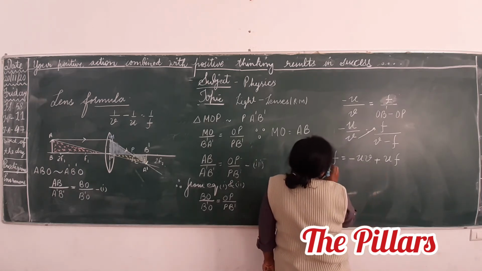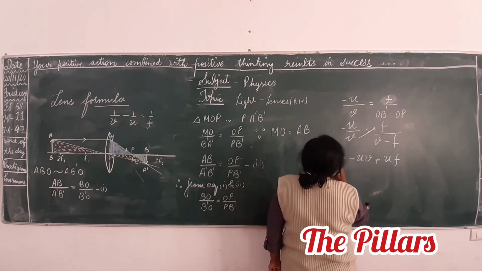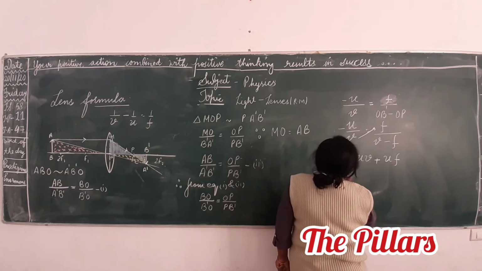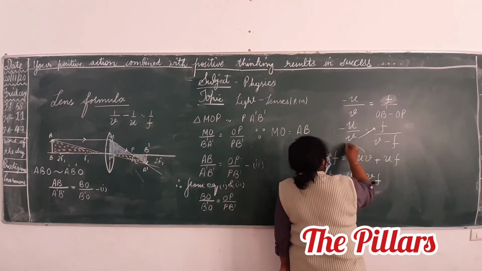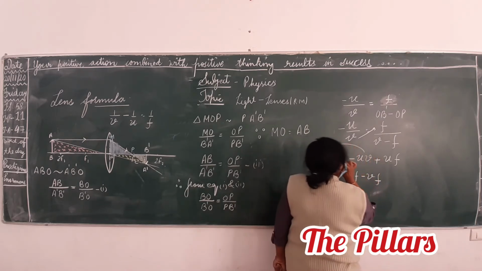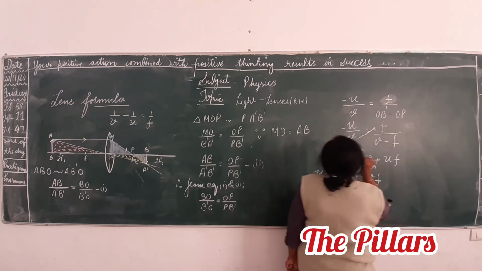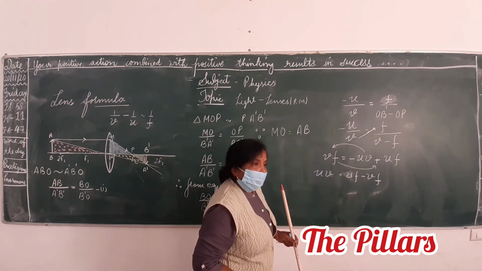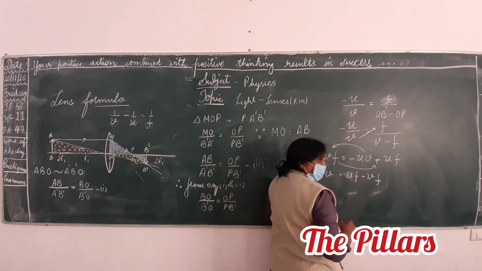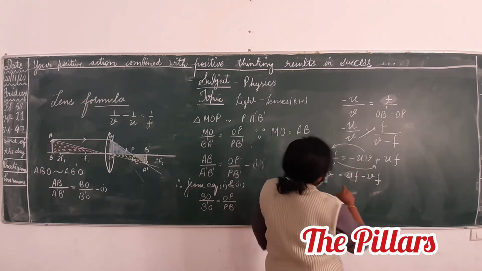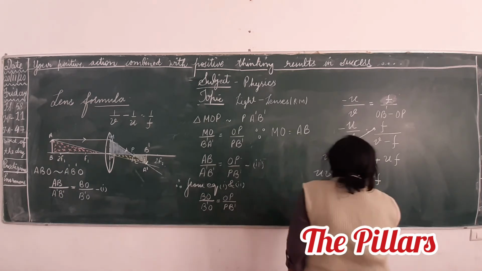So you will have this UV, bring this F together here, will be UF minus VF. I have brought this term to your RHS and taken this term to the other side, transposed. So UV is equal to UF minus VF.